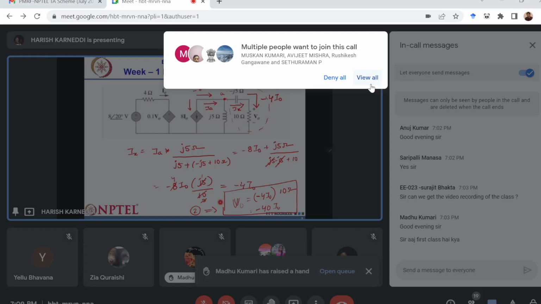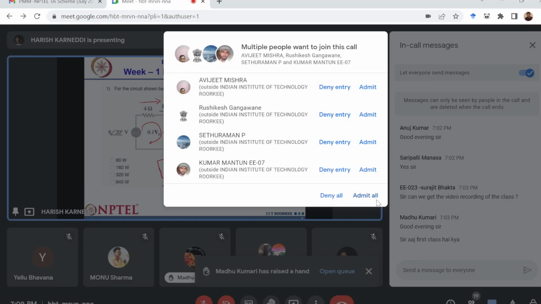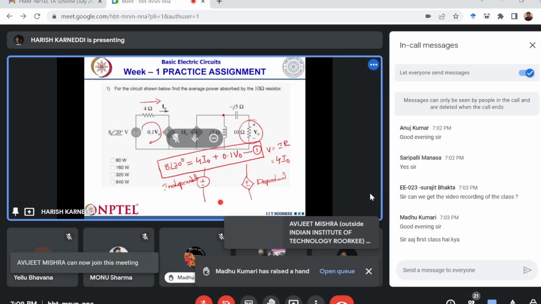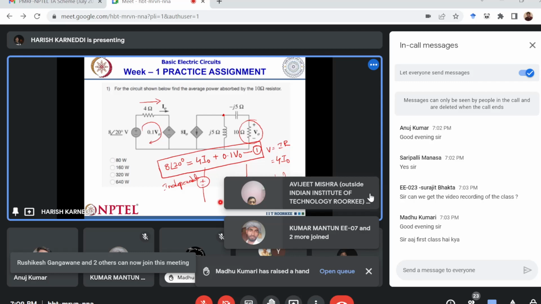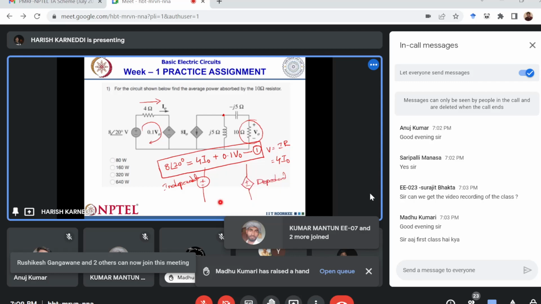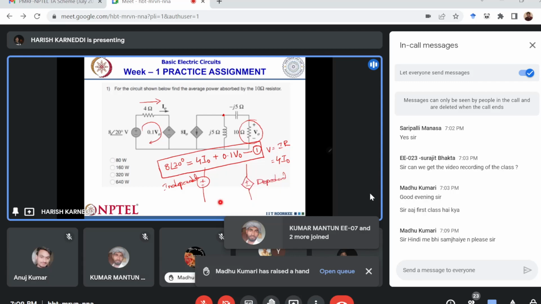Substitute this equation number 2 in equation 1. What is the equation 1? I hope this equation 1 is clear, right?